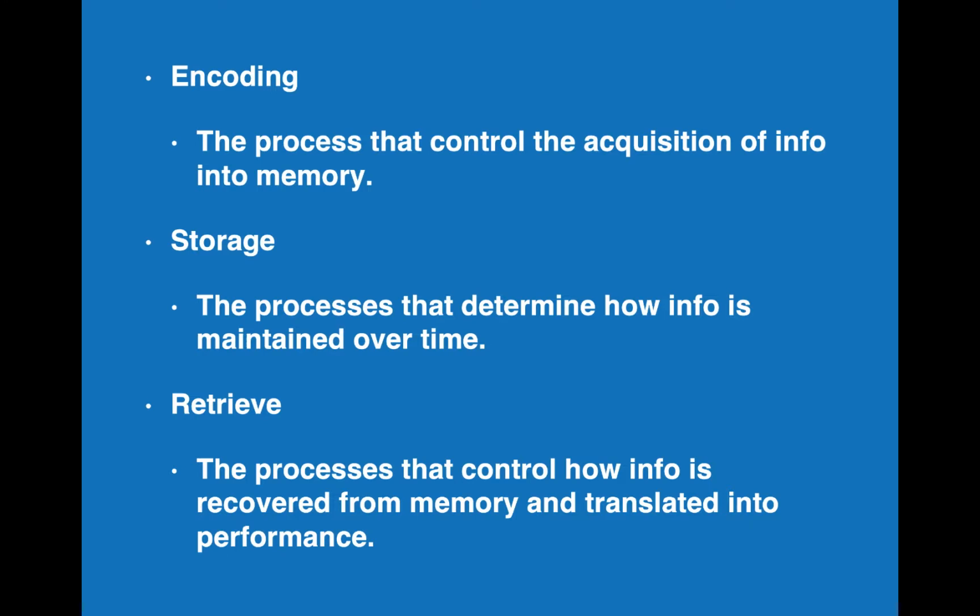In other words, researchers were curious about how short-term memory can transform into long-term memory. First, encoding. Encoding is the process that controls the acquisition of information into memory. In other words, how you process and represent information from short-term to long-term memory.